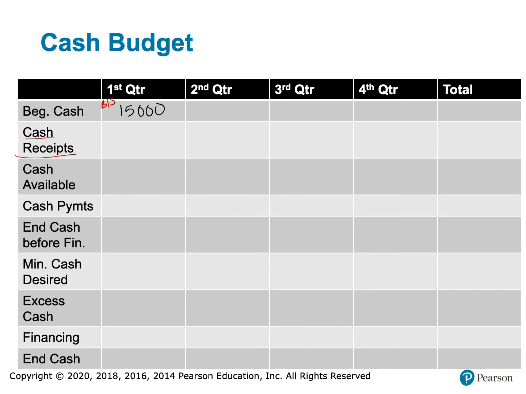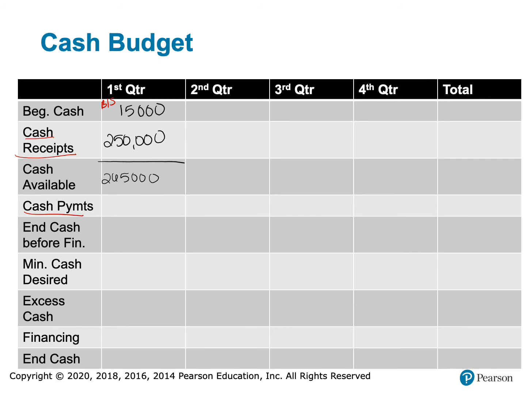So if you go pull up your schedule of cash receipts that we just did earlier in this video, we can see that for quarter one, our expected cash receipts are $250,000. So that means we expect to have $265,000 of cash available.